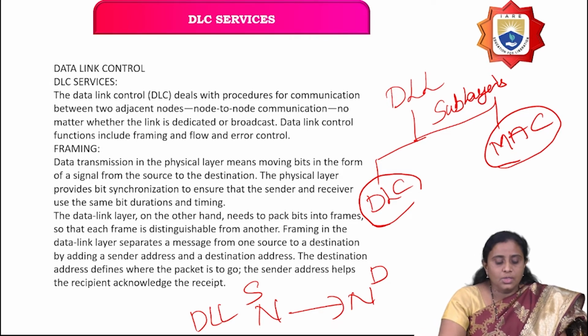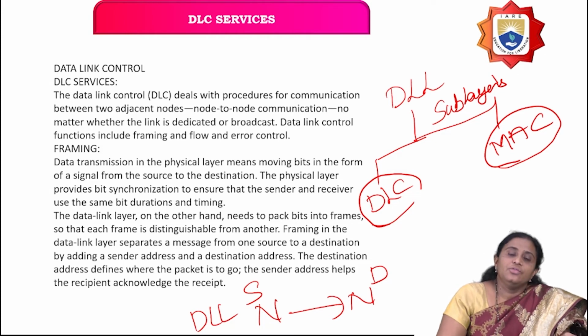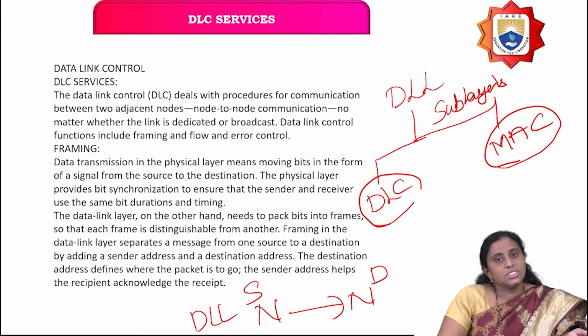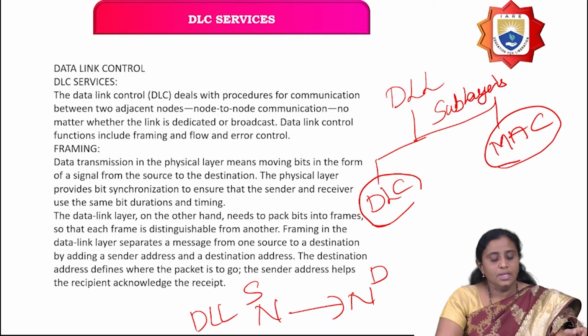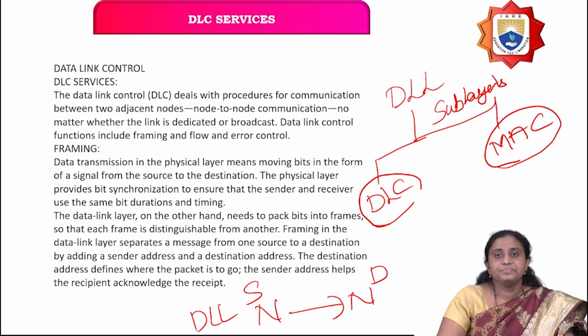The data link control, or DLC, functions include framing, error control, congestion control, and flow control. Coming to the first one, as I have already discussed, framing. What do you mean by framing? While we are working with the data link layer, the messages transmitted from one source to the destination are sent by means of frames.